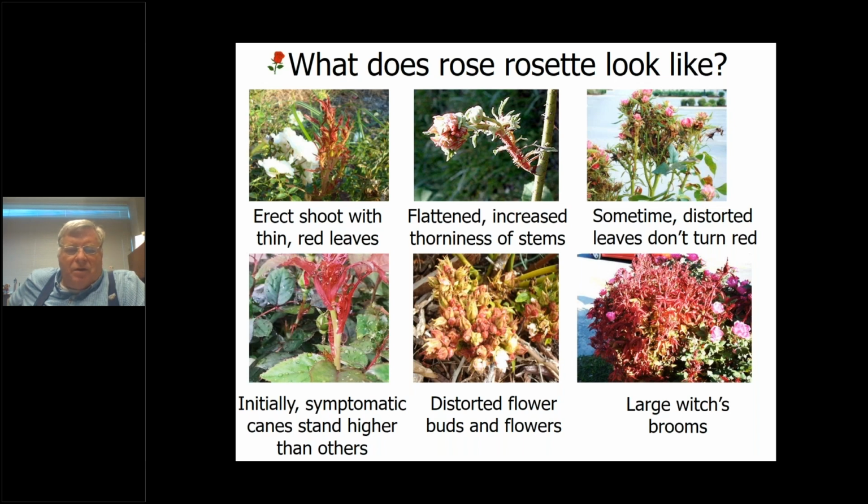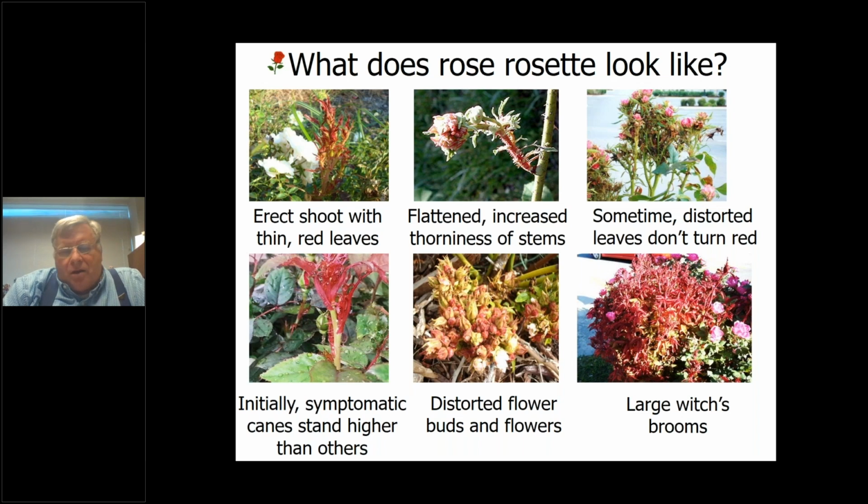The foliage on the shoots will have thin, often red leaves, but the leaves can be green. They're called strap leaves because they're like a razor strap. They're long and thin. Stems can be flattened. They can have hyperthorniness, or an unusual number of thorns. The thorns can be very irregular.